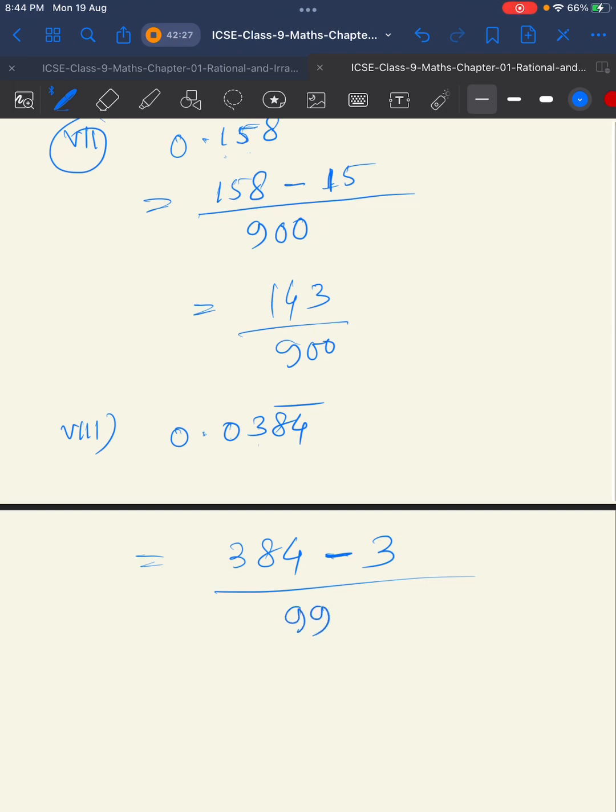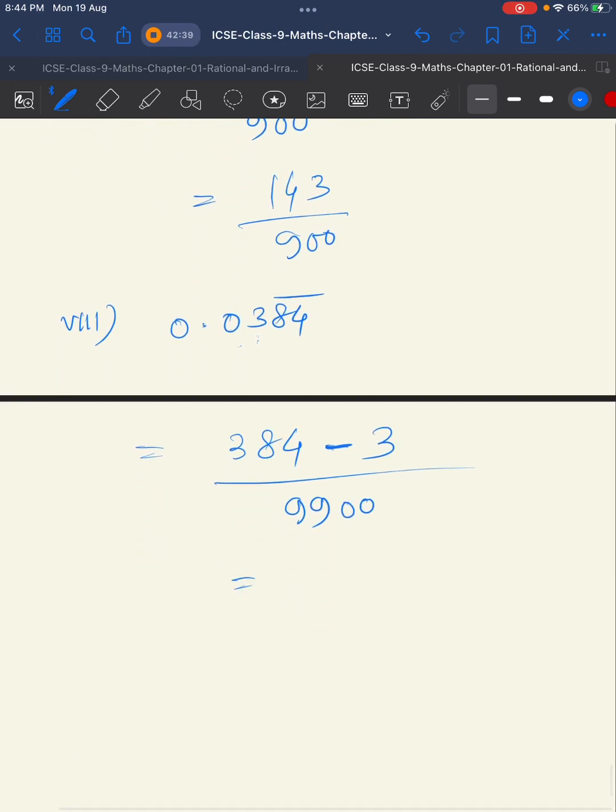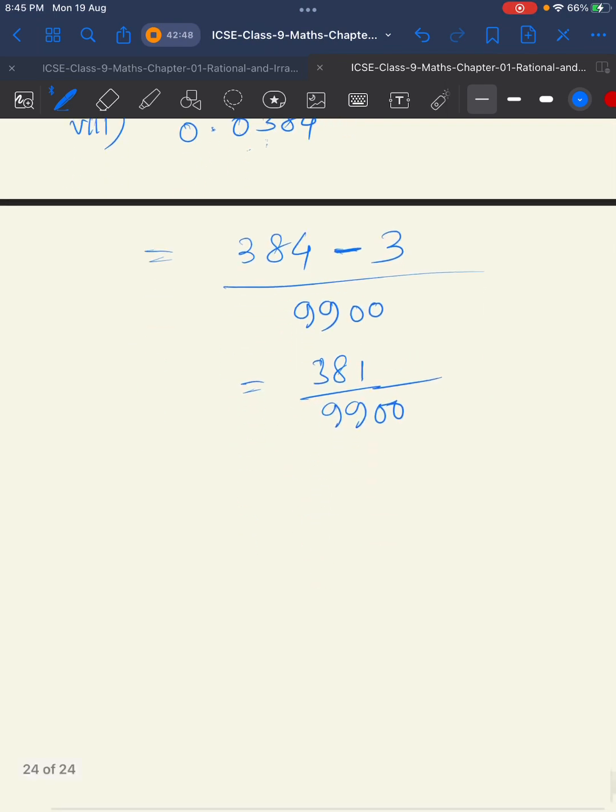Now in the denominator there will be 99, and after the decimal there are two digits, 0 and 3, which have no bar, so for these two digits we write 0 0. So this is 381 by 9900.